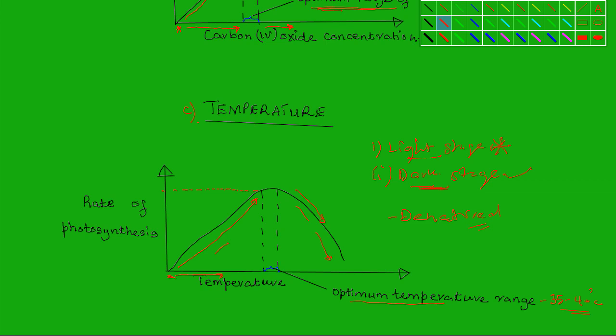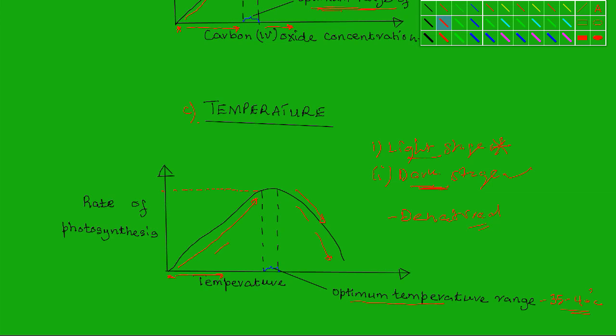Now, a limiting factor is any factor that prevents or limits the increase in the rate of a reaction when all the other factors are at optimum levels. Photosynthesis, like many other processes, is affected by several factors, and when any one of these factors is at its lowest level, then it's going to limit the rate at which photosynthesis will be taking place.